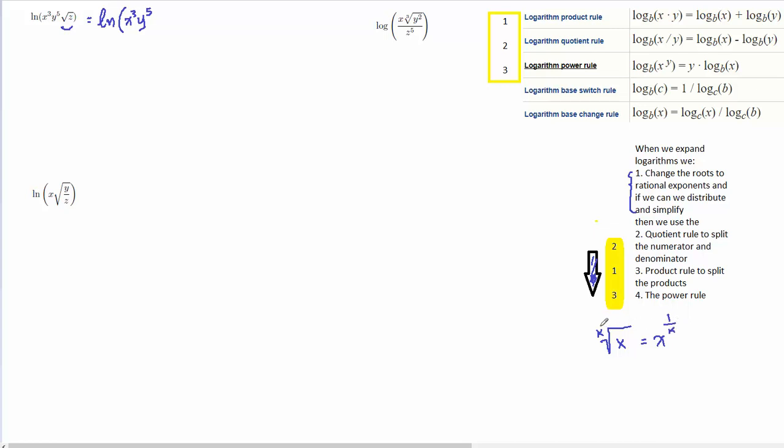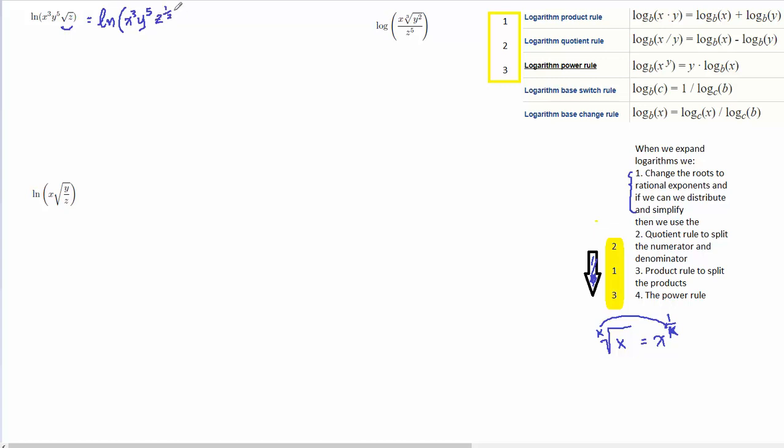So basically, the radical goes to the denominator of my power. So instead of having square root of z, the radical is 2, I'm going to write it as z to the 1/2.